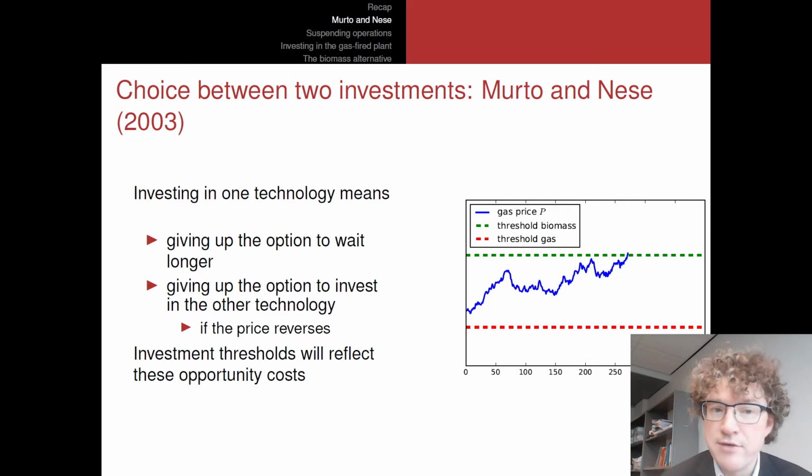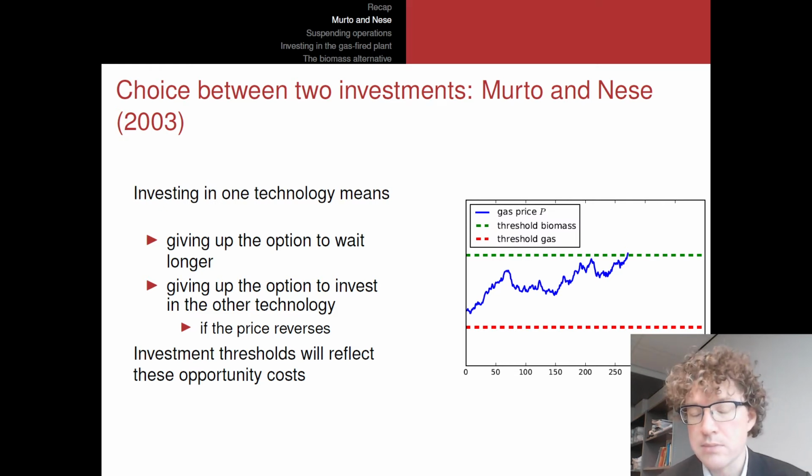Now, of course, if you invest in one technology, you incur the investment cost of that technology, but it means more, because you're also giving up the option to wait a bit longer. That's like we already saw before. When you make an investment, you give up the option to wait longer before investing at an even later stage. But in this case, there's also an option of investing in the other technology instead.